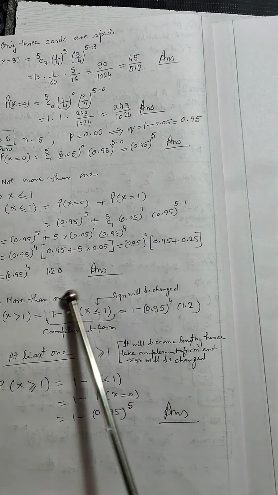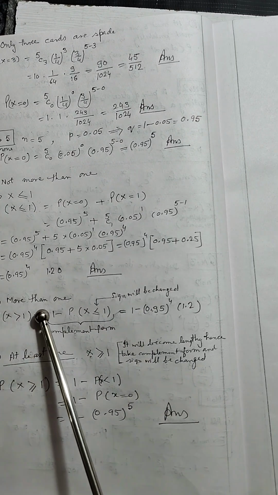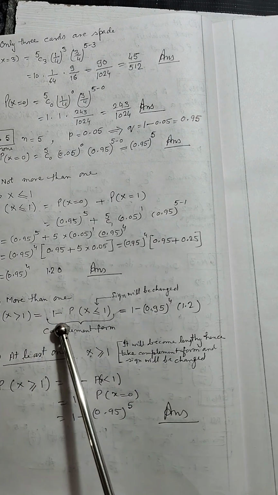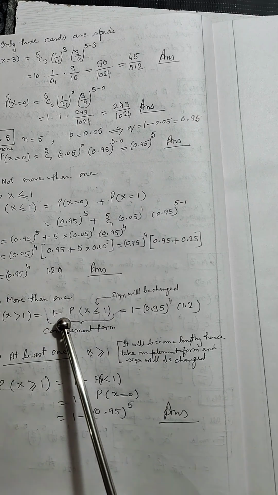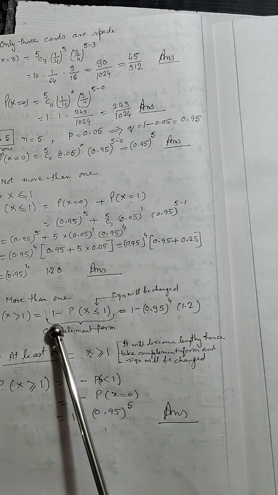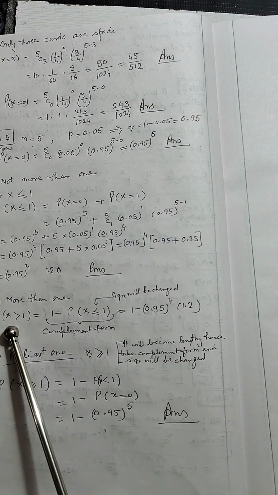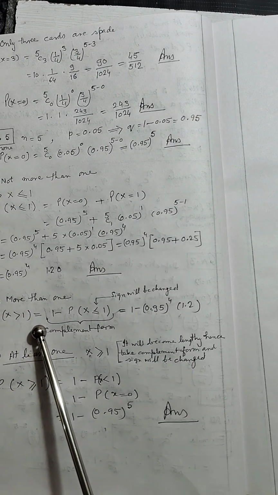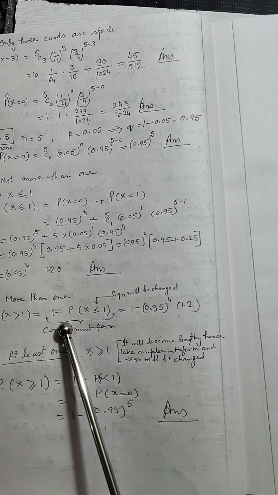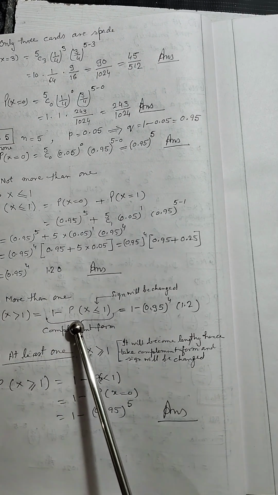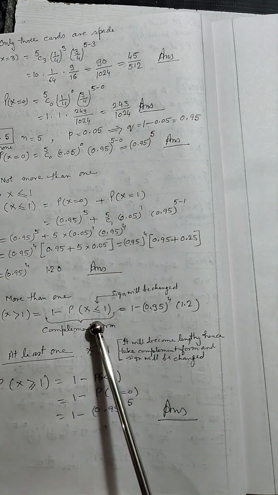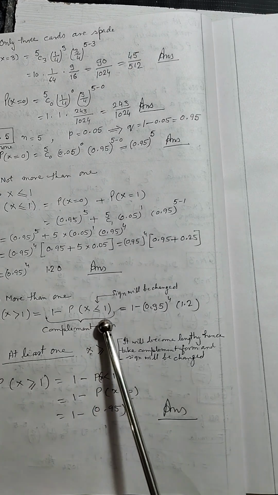Now in the third case, that is more than 1, means x is greater than 1. That can be, you see here, a special technique has been used here, that is complement form. Means 1 से हम माइनस करेंगे. देखिए प्रोबेबिलिटी क्या होता है, it is always 1. Total sum of the probability will be equal to 1. So माइनस कर दिया हमने, so 1 minus probability, that is x is less than or equal to 1.